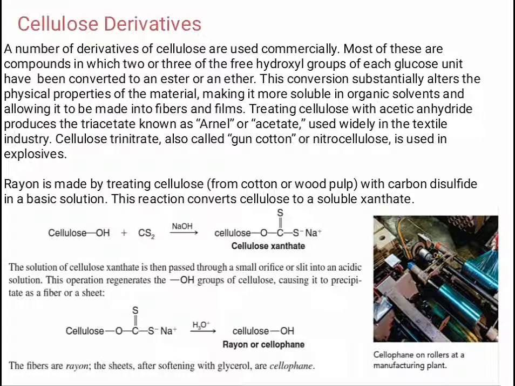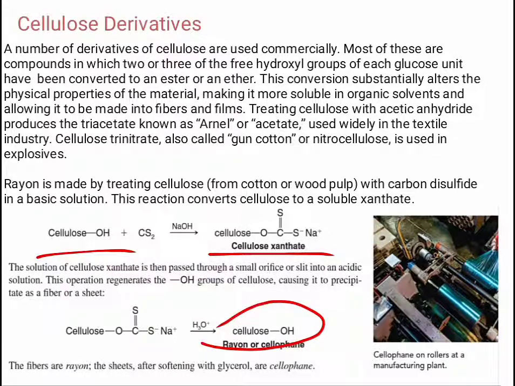The solution of cellulose xanthate is then passed through a small orifice or slit into an acidic solution. This operation regenerates the OH groups of cellulose, causing it to precipitate as a fiber or a sheet. So at first you take cellulose, form cellulose xanthate, then hydrolyze it to get back the cellulose.